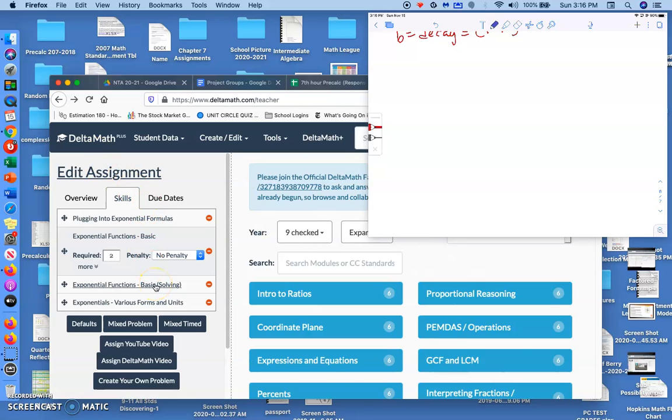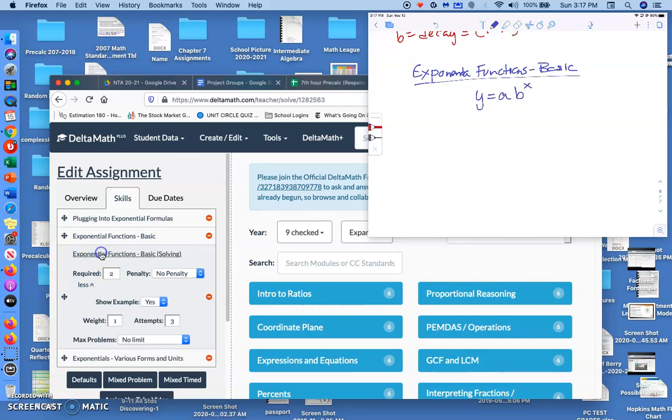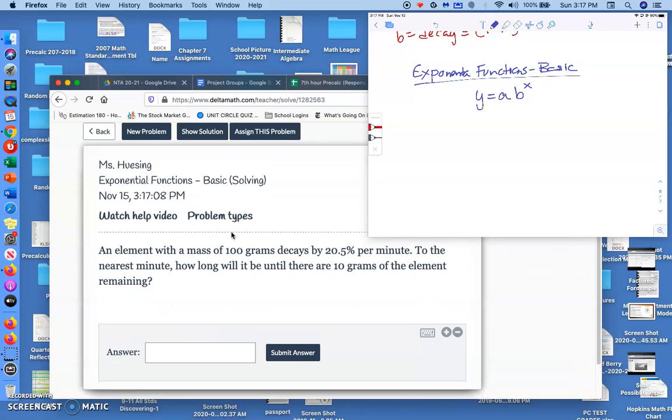So the third thing we're going to look at is exponential solving. We're going to look at that basic one again, a times b to the x power. If we take a look at these problems, an element with a mass of 100 grams decays by 20.5% a minute.